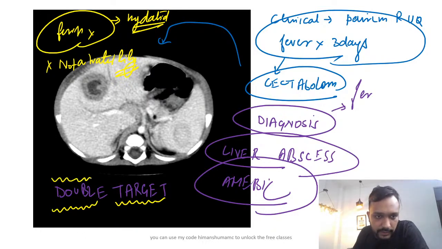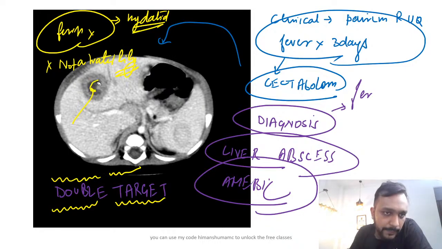And guys, what is this double target sign? You will see that your liver abscess is appearing hypodense. The fluid content of this liver abscess is appearing hypodense. It is surrounded by an inner enhancing rim and an outer hypoenhancing rim.